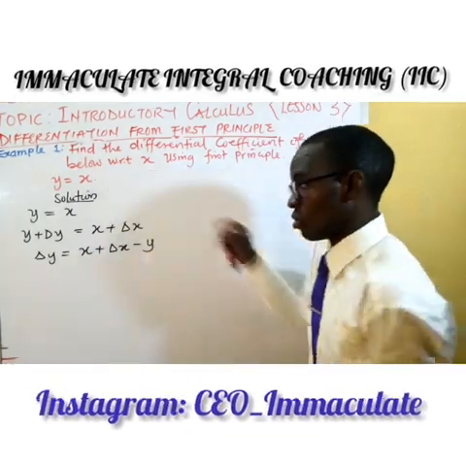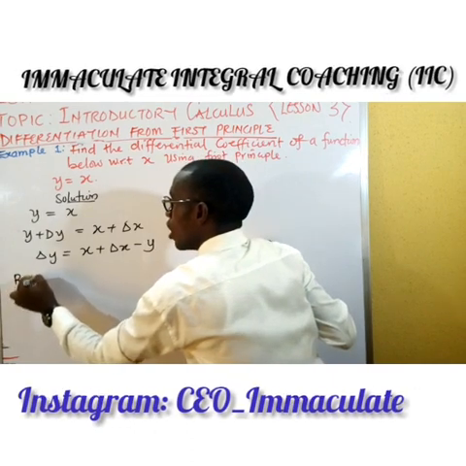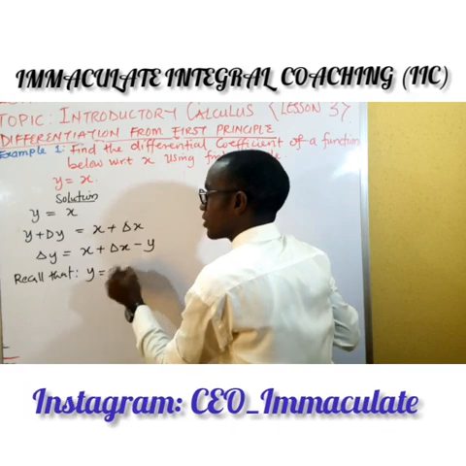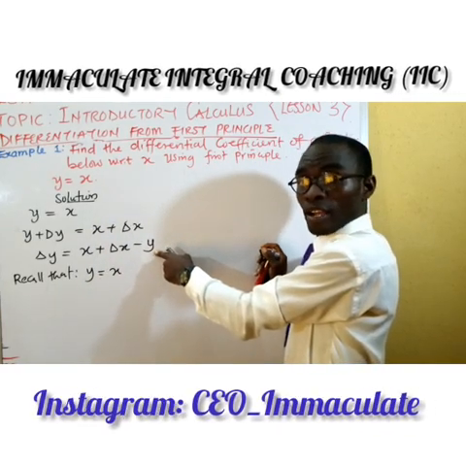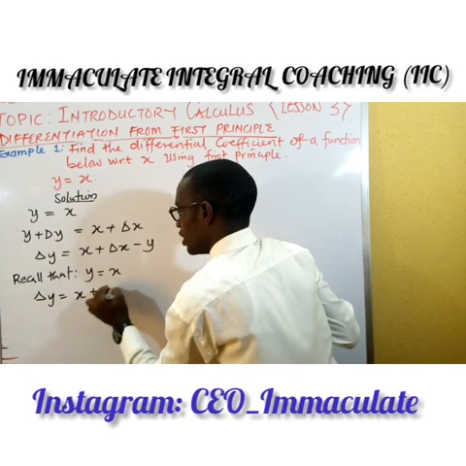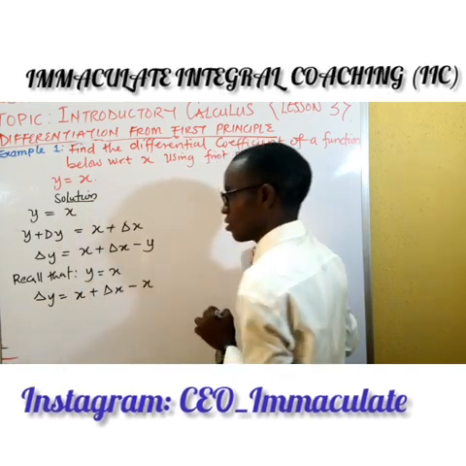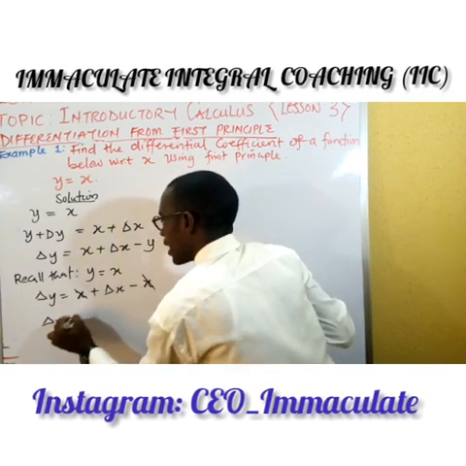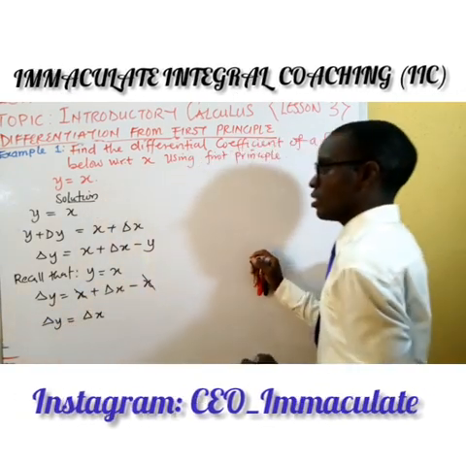Then recall that y equals x. So let's substitute our y to be x here. It will now be δy equals x plus δx minus x. Oh, x will cancel x. δy equals δx.